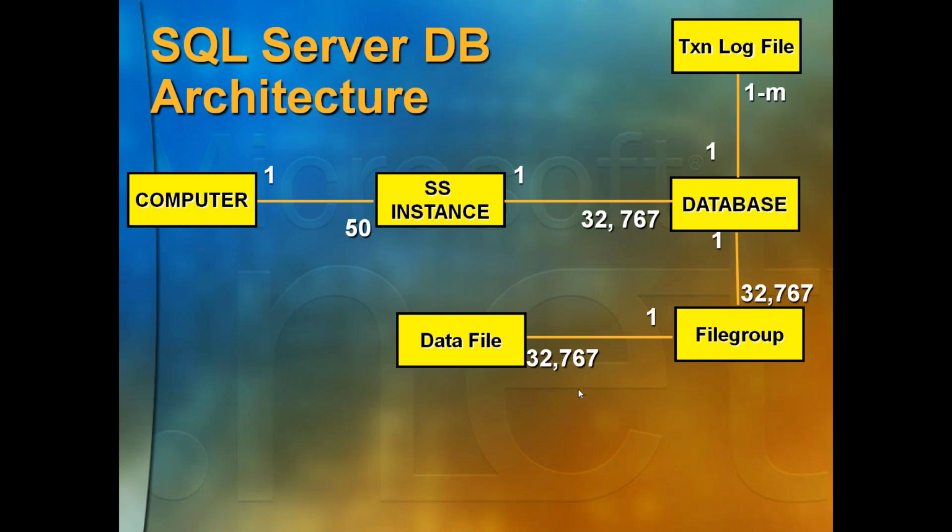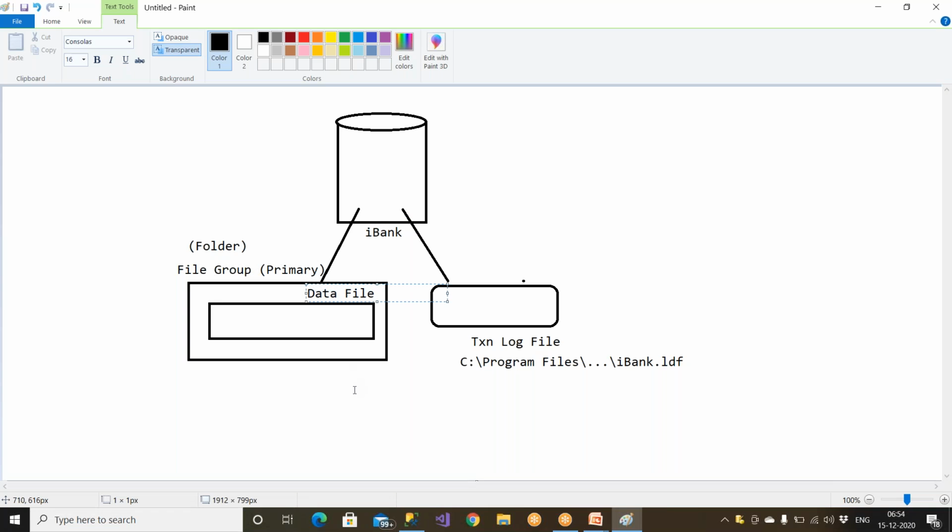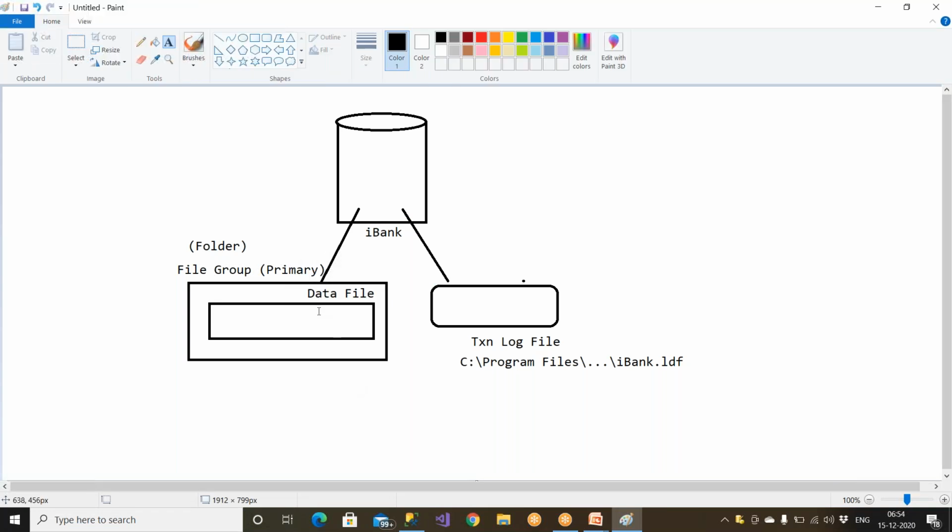Guys, clear? By default, you will get one data file. Let me show it in Paint. I'm going to have one data file.